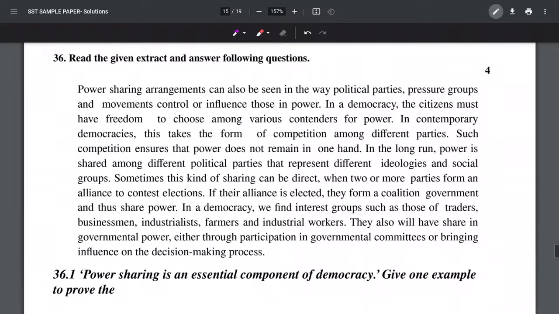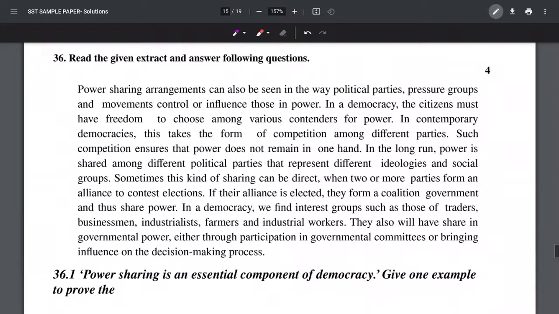Such competition ensures that power does not remain in one hand. In the long run, power is shared among different political parties that represent different ideologies and social groups. Sometimes this kind of sharing can be direct when two or more parties form an alliance to contest elections. If their alliance is elected, they form a coalition government and thus share the power.